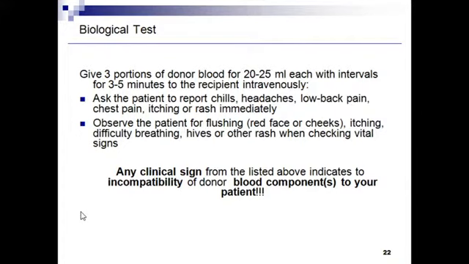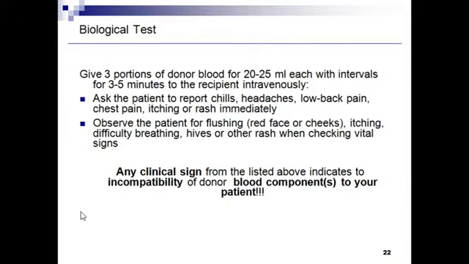Ask the patient to report any bad signs such as chills, headaches, low back pain, chest pain, itching or rash immediately as they appear. And observe the patient for flushing, for pathological changes.